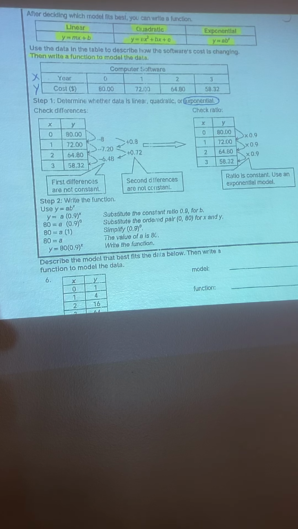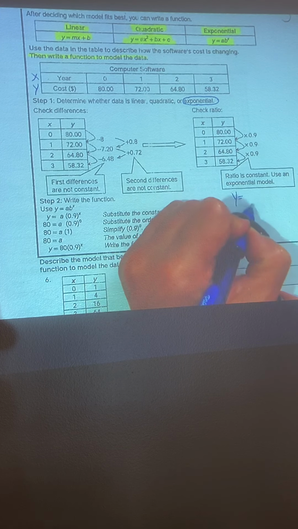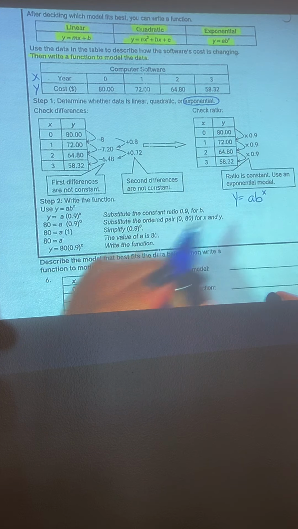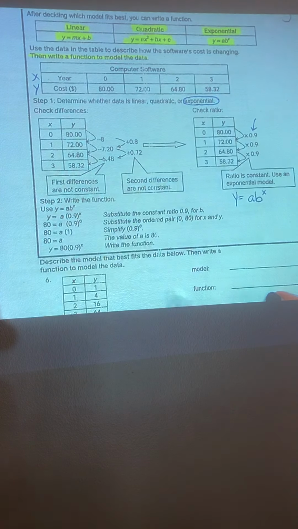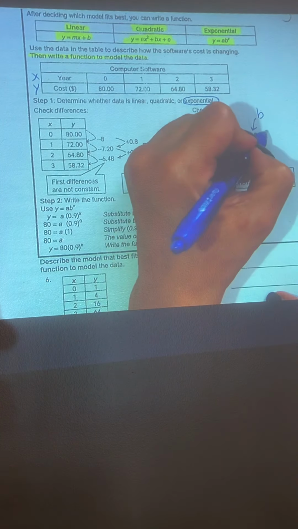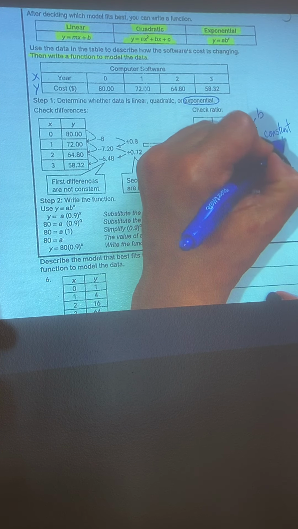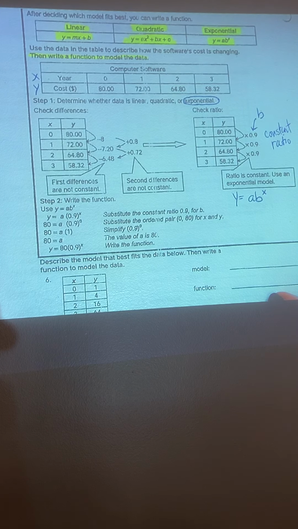What is the formula for exponential? Y equals AB to the X. By the way, see this 0.9? That is your B. That's the constant ratio.